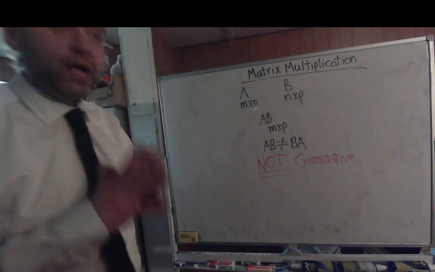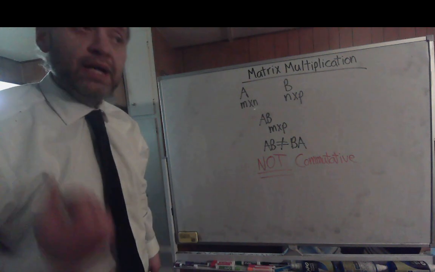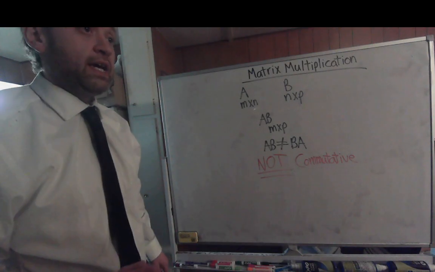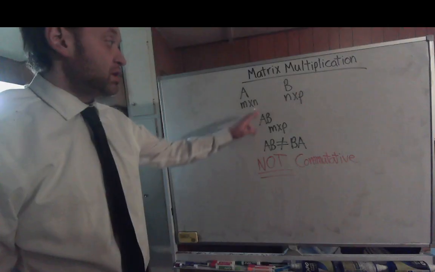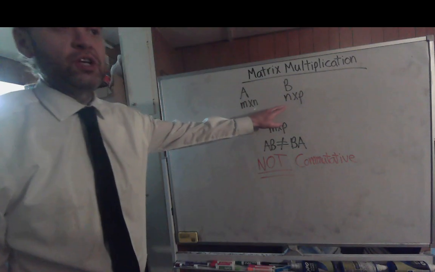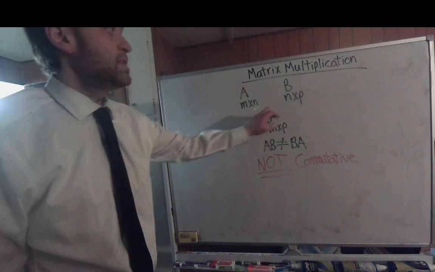The only way you can multiply two matrices is if and only if the number of columns in the first matrix equals the number of rows in the second matrix, thus the m times n and then the n times p.